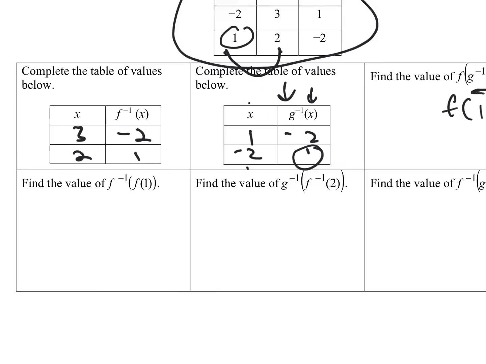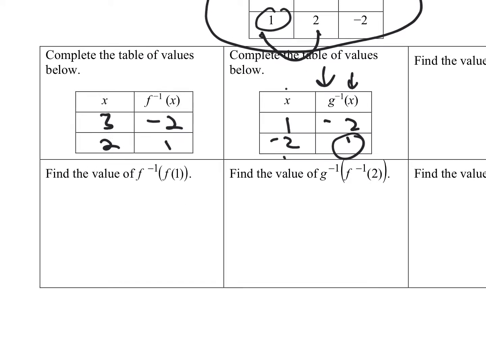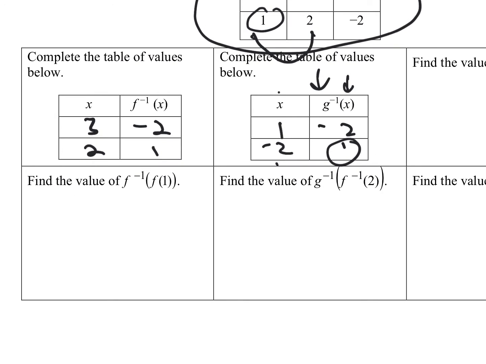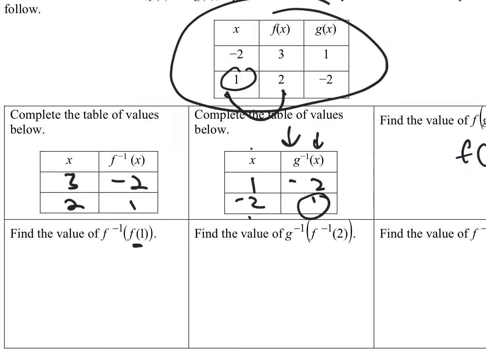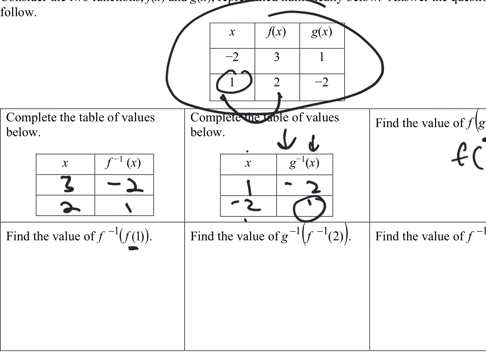Now we go to the other row, find the value of f inverse of f of 1. So you can go to either table you want. But the inside is f of 1, so you need to go to the big table on the top. That's where f of 1 is. F of 1 is 2. It is the 2.